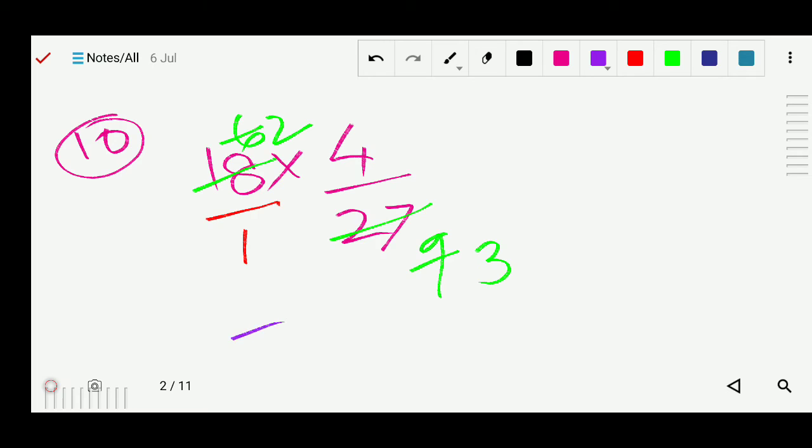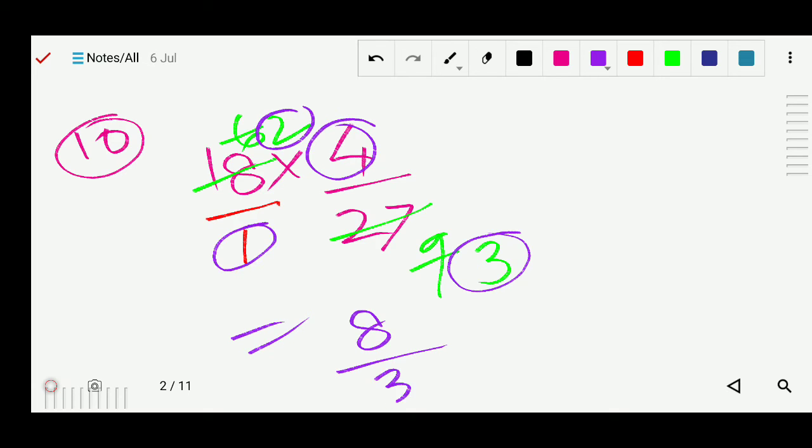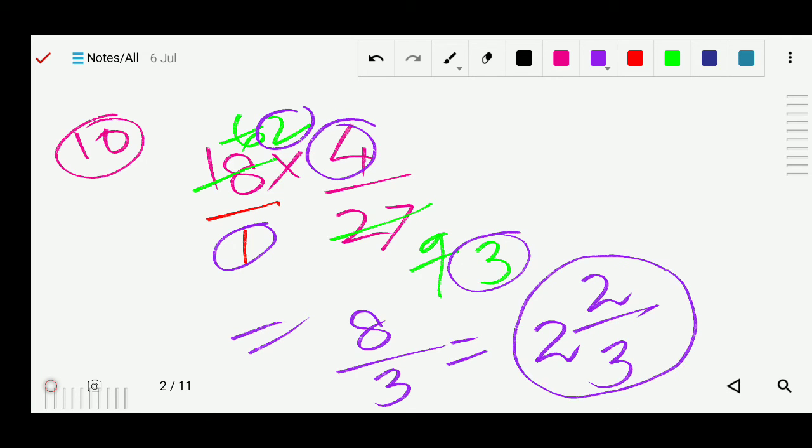So now we multiply 2 and 4, which is 8, and 3 into 1, that will be 3. Again it is improper, 8 by 3, so we change it to a mixed fraction. Divide: the quotient is 2, the remainder is also 2, and the denominator 3 stays the same. So 2 and 2 by 3 is your answer. This is how we can solve.